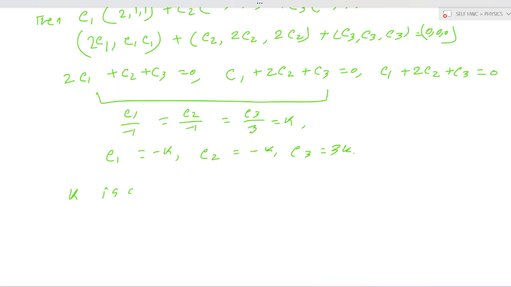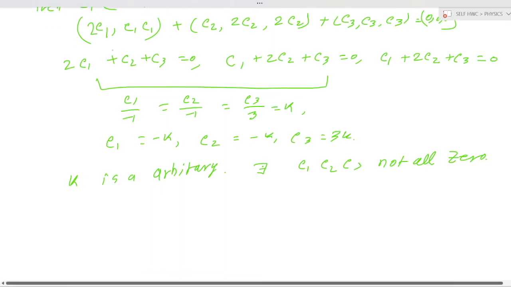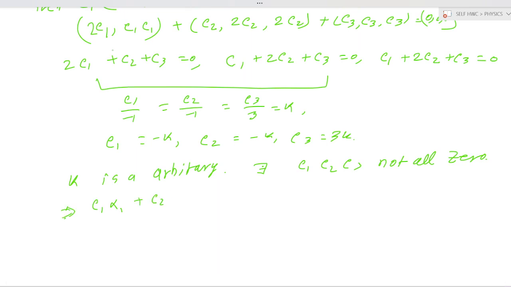K is arbitrary, and there exist C1, C2 and C3 not all 0 such that C1 alpha 1 plus C2 beta plus C3 gamma is equal to theta.